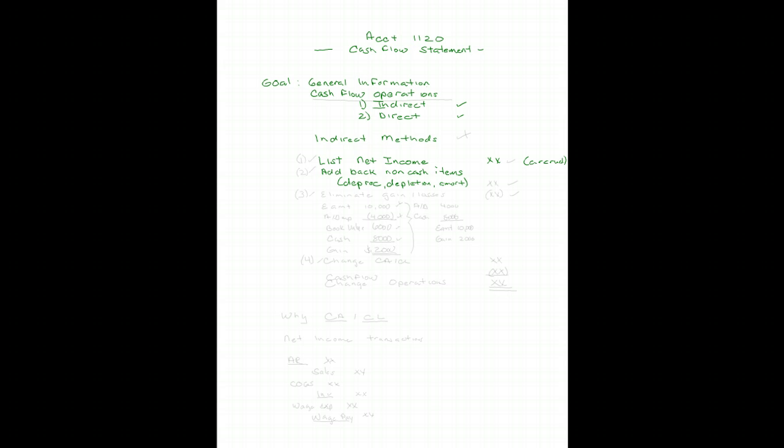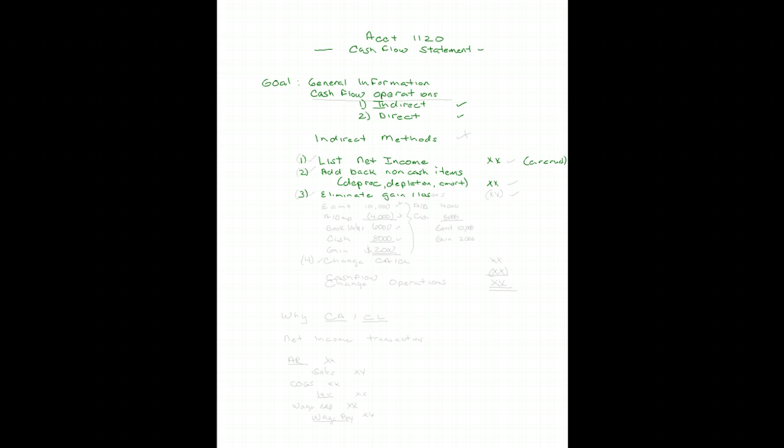So we first list net income, and then we add back any non-cash items, which I've listed. We add them back not because they generate cash, but because they don't use cash, and we subtracted them from net income.